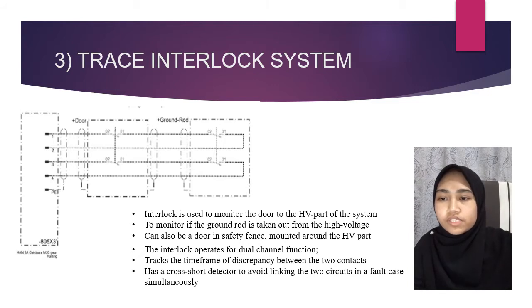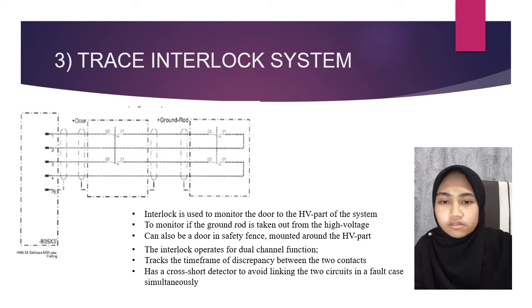The whole circuit illustrates the interlock system and its connection to the control room. Interlock is used to monitor the door at the hatchway part of the system and to monitor if the ground rod is taken out from the high voltage. It can also be a door in a safety fence mounted around the Haefely part.